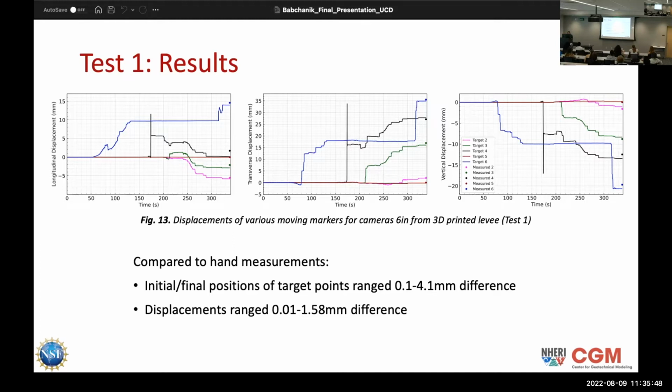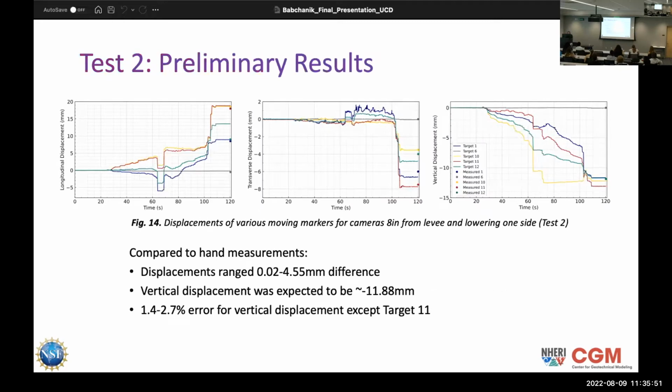So for now, I am saying that test 2 and 3 are preliminary results because after I did image analysis, I need to double check something, but it's for the calibration to make sure that it's accurate for the cameras. But I will disregard the position measurements because it's more important for us to look at displacements. But test 2 is where I was expecting to know that the vertical displacement would be larger, at least more than the transverse and longitudinal directions.